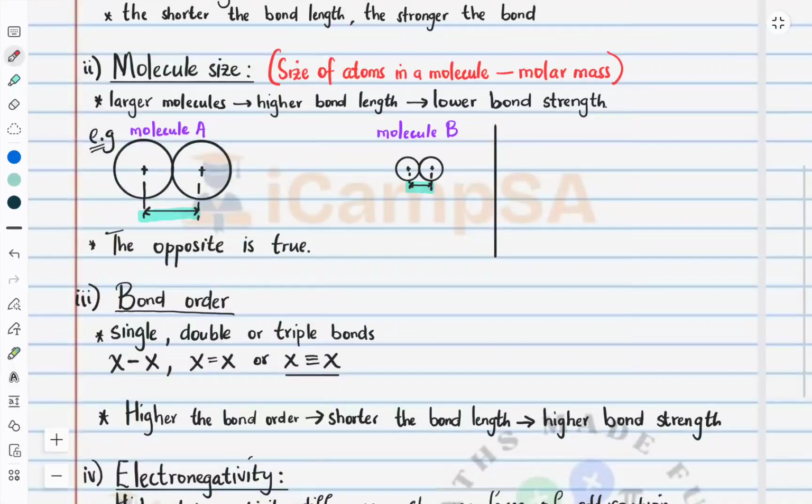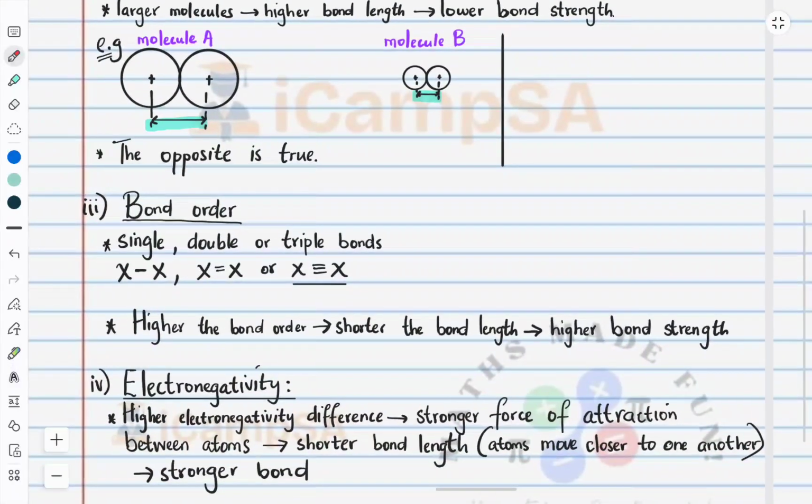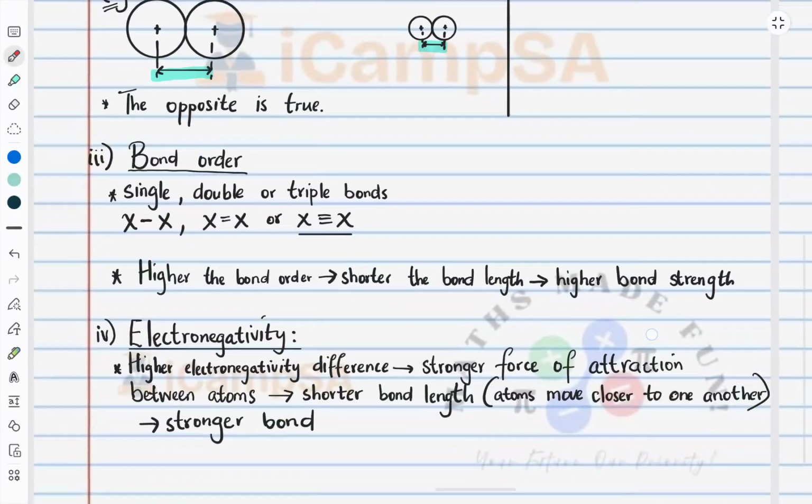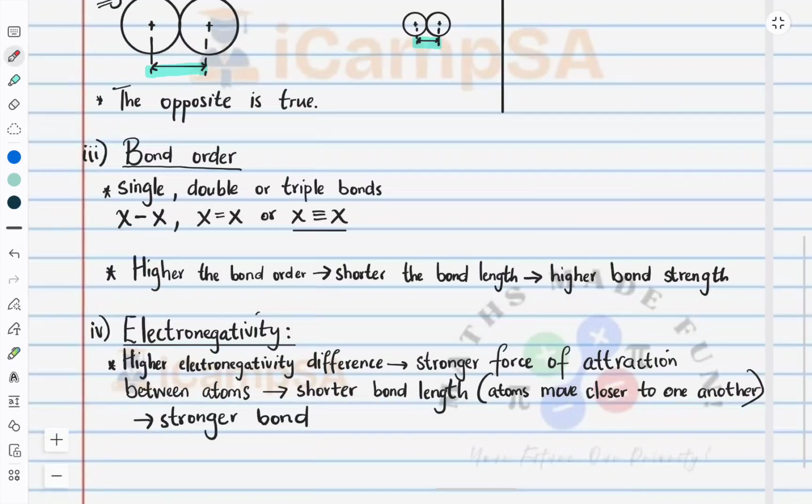Right, and then bond order, single, double, or triple bonds. That's what bond order means. And then the higher the bond order, usually it is attributed to higher bond strength and therefore a shorter bond length, right? And then we said electronegativity. Usually when there's a strong force of attraction between atoms, it's because they have a high electronegativity difference, and the higher the electronegativity difference, it will cause these atoms to have a stronger force of attraction between one another, and they will pull towards each other closer when forming a bond.